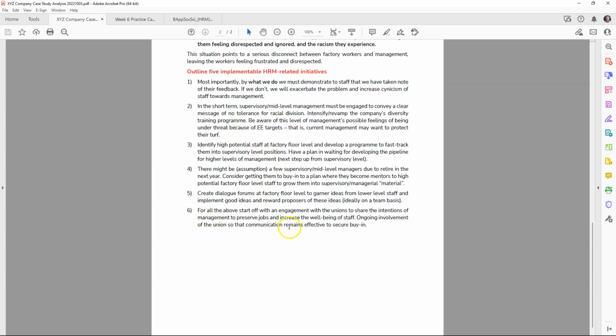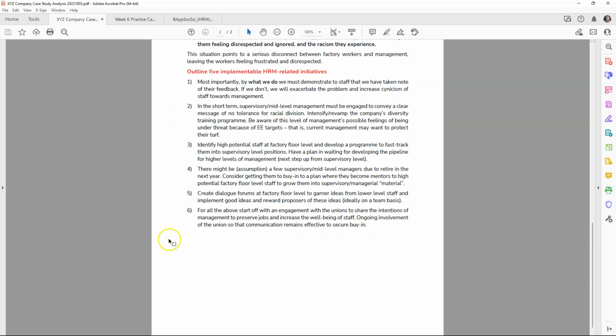But you need to take the lead as the company to involve them in explaining all of this and getting their buy-in. So for all the above, start off with engagement with the unions, to share the intention of these various initiatives of management to preserve jobs and increase the well-being of staff, with ongoing involvement of the union so that communication remains effective to secure buy-in.